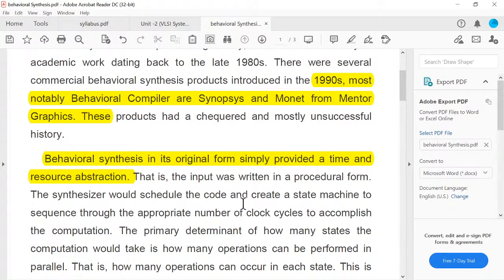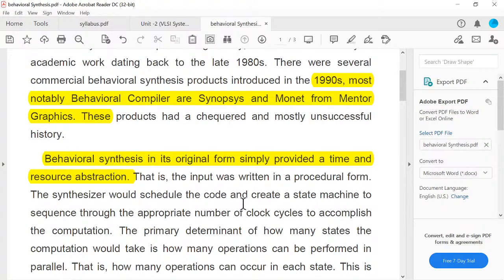In logic synthesis, for the designing, we start from the boolean expression and move towards the gate level design. Clear?